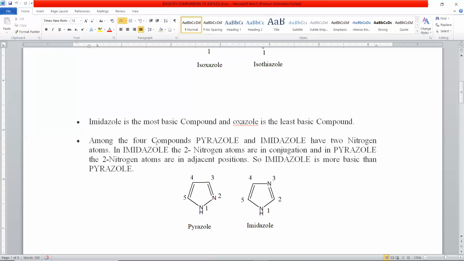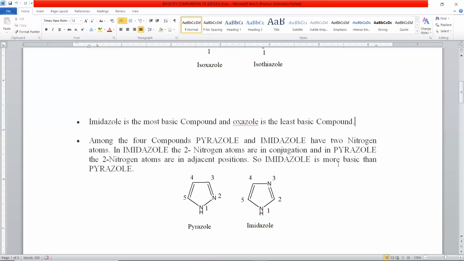So among the four compounds, pyrazole and imidazole, this is pyrazole and this is imidazole, have two nitrogen atoms. In imidazole, the two nitrogen atoms are in conjugation. If we see imidazole, these two nitrogens are in conjugation with each other, and in pyrazole, the two nitrogen atoms are adjacent to each other.